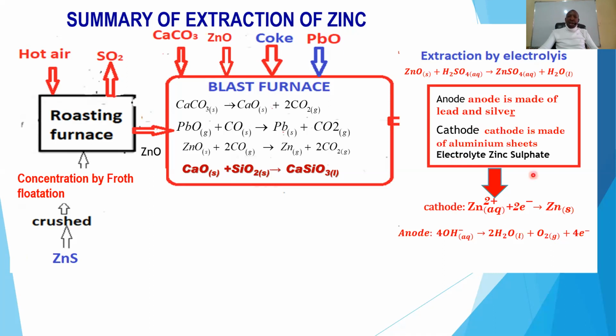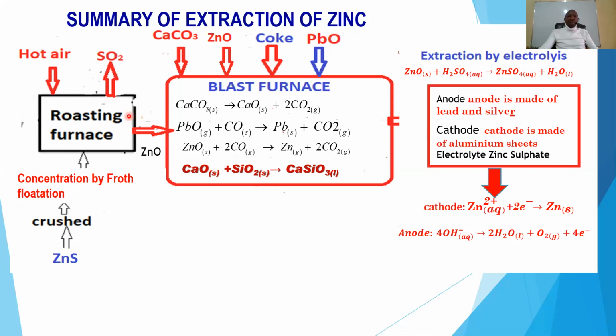Once we have that, we carry out the electrolysis, whereby at the cathode, the zinc ions gain electrons to form zinc metal, and the hydroxide ions go to the anode, losing electrons to form water and oxygen gas. Very important. This schematic diagram summarizes the extraction of zinc using the two methods, either electrolysis or reduction.